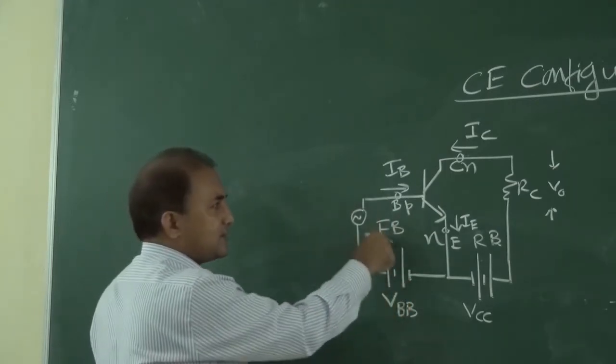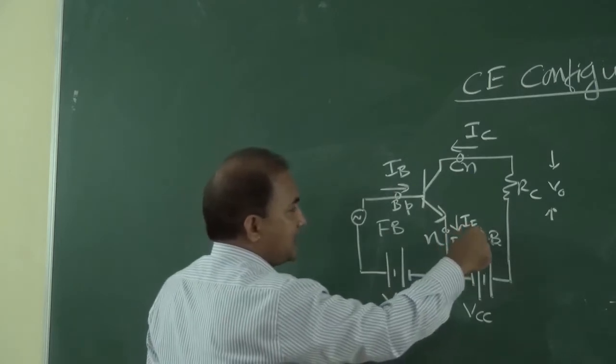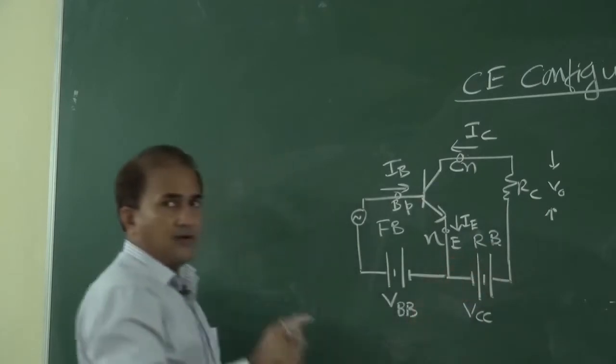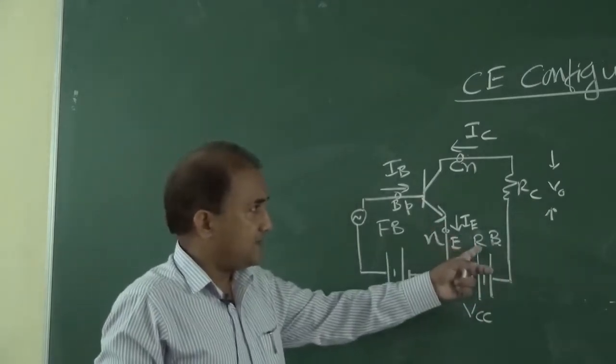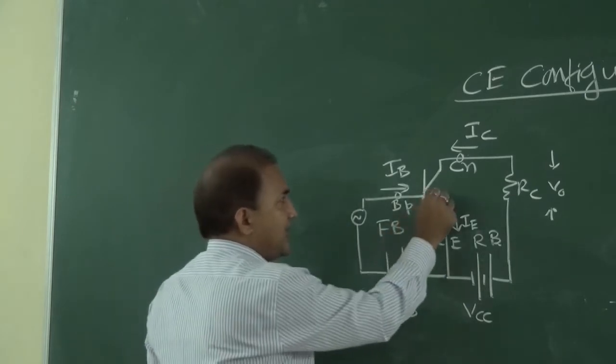That is why it is forward biased. In this junction, N is connected to the positive terminal, so this is reverse bias.